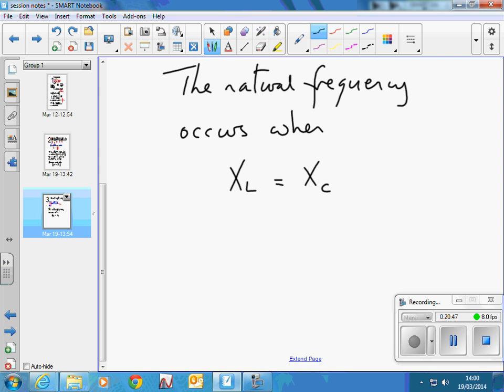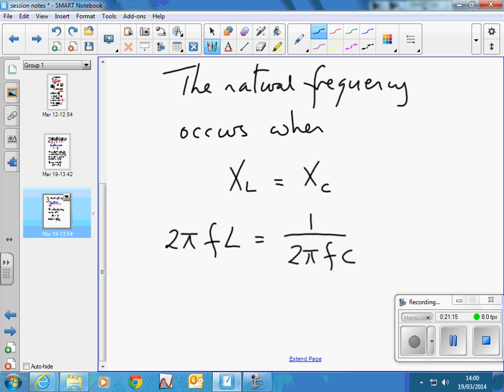And we know a formula for XL and XC. So for this particular circuit, remember we have values for L and C. We can write in the formulae. So we've got 2 pi fL equals 1 over 2 pi fC.